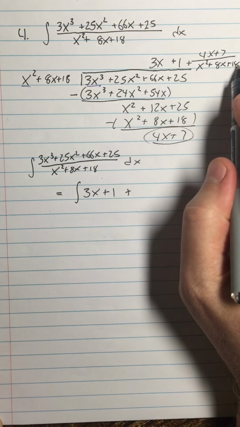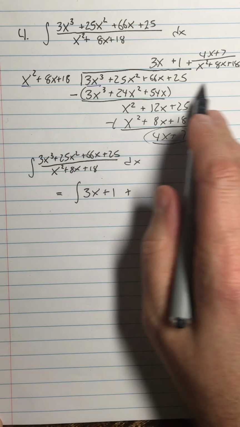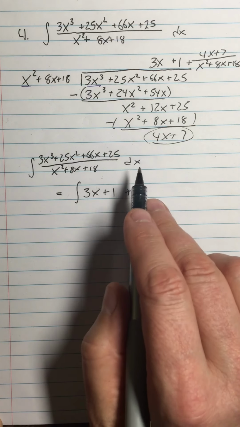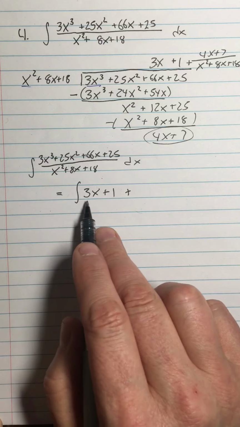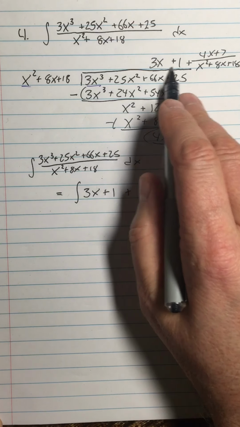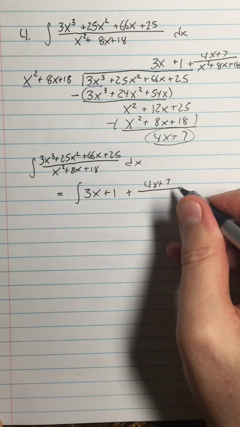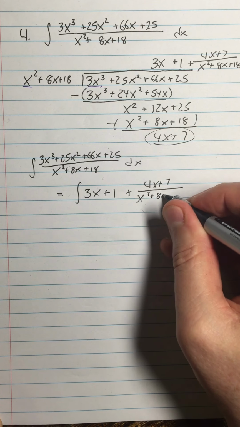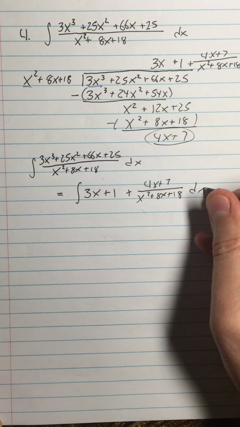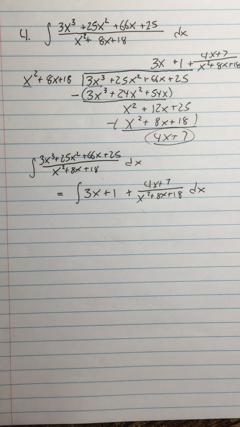So here's my quotient with remainder from my long division, and that's what is replacing this original rational expression: 3x plus 1 plus 4x plus 7 over x squared plus 8x plus 18 dx. Right now I can pretty much continue from there.